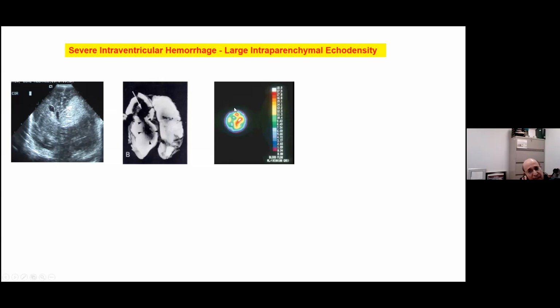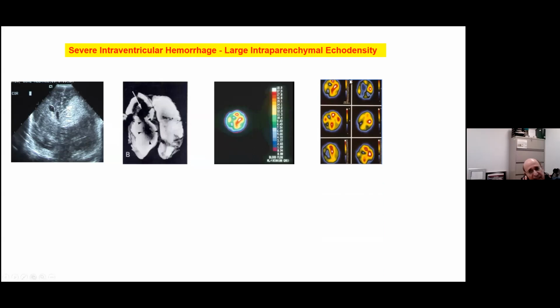So in this particular case, you can see that on the left, which is on this side, the lesion is seen more anteriorly and frontally, but you see extensive involvement of the hemisphere on that side. So that's why the size of the lesion that you see on ultrasound is very critical in trying to prognosticate a case.